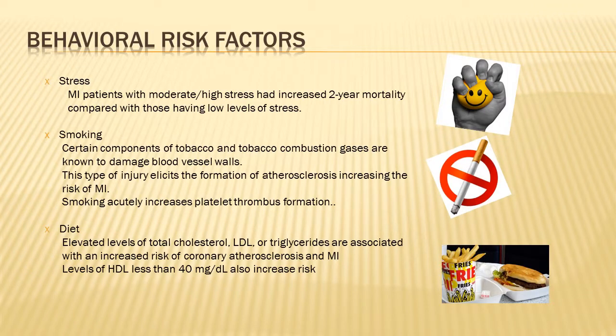Behavioral risk factors, which I just mentioned, stress is pretty high up there for MIs, and then smoking and diet. Smoking's probably higher, and these are all ones that we can control and change to decrease our risk.